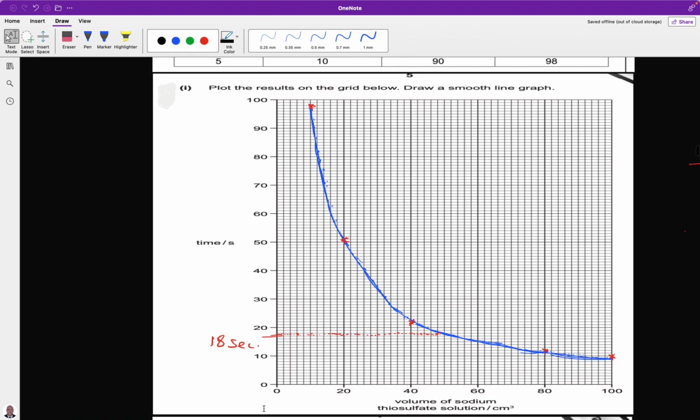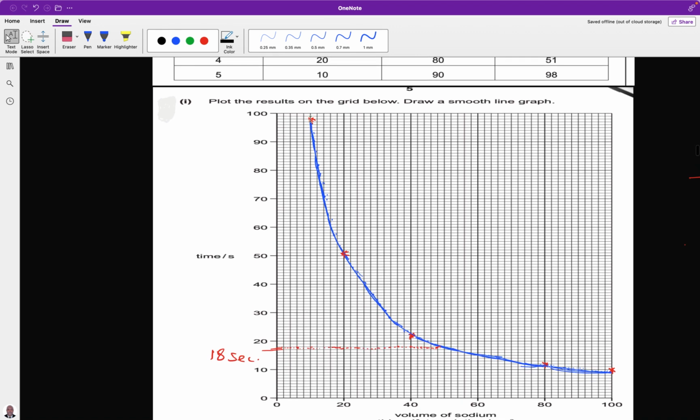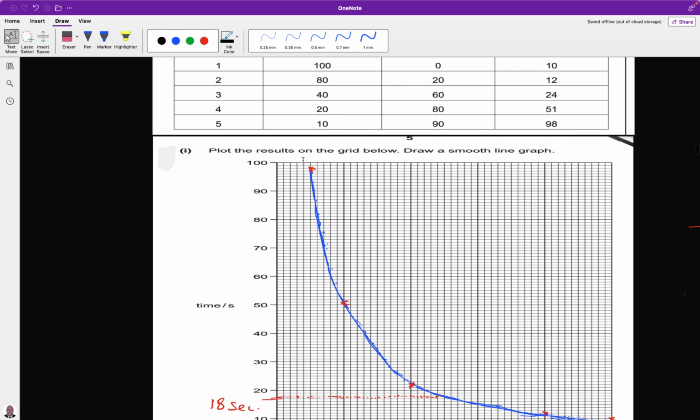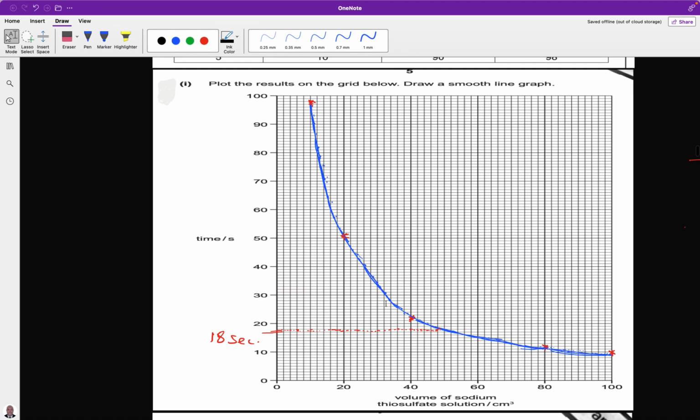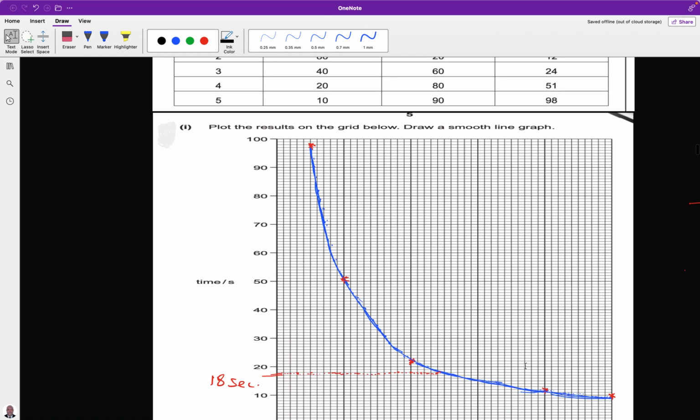The volume 10 is here, and the time for this to disappear was 98. It took 98 seconds. So this is a smooth line curve that has been drawn based on the data that have been provided.